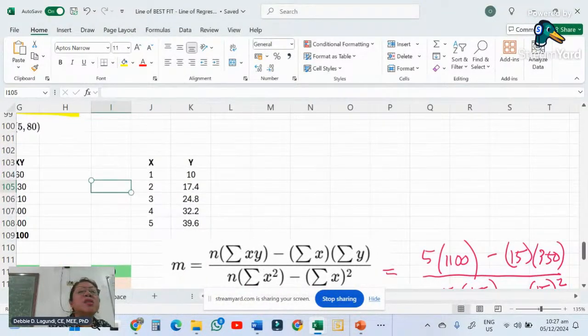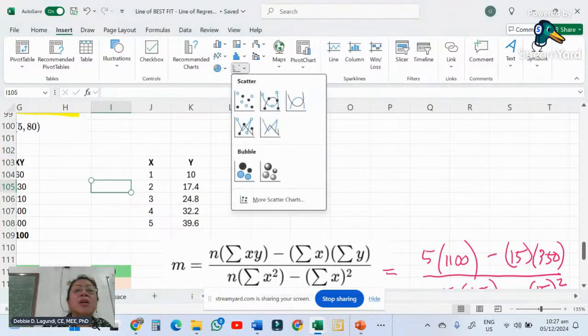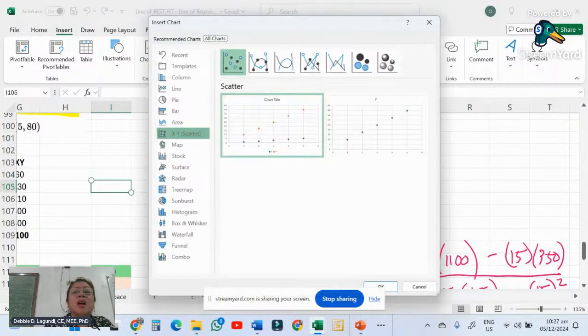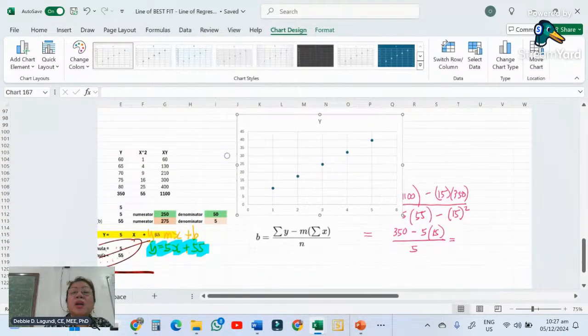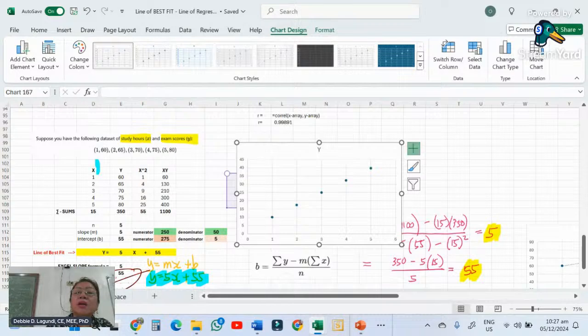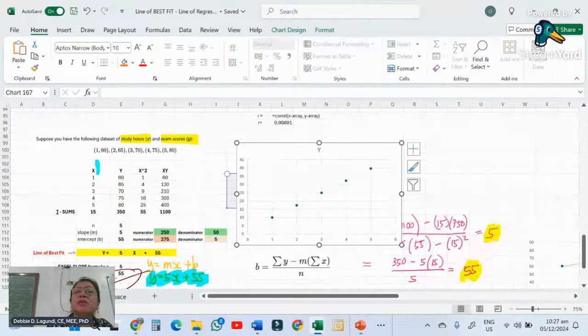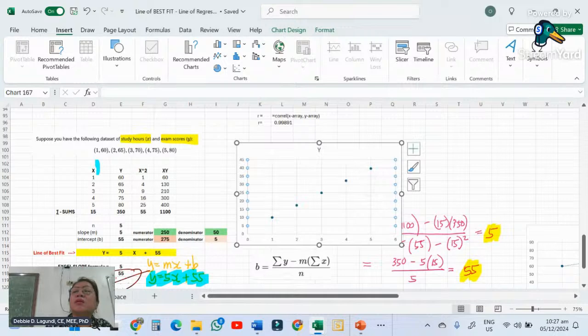Okay, insert chart. Let's go to more. All right, this is the one. Okay, there you go. And then you have to select the data. I did not press the select data there.